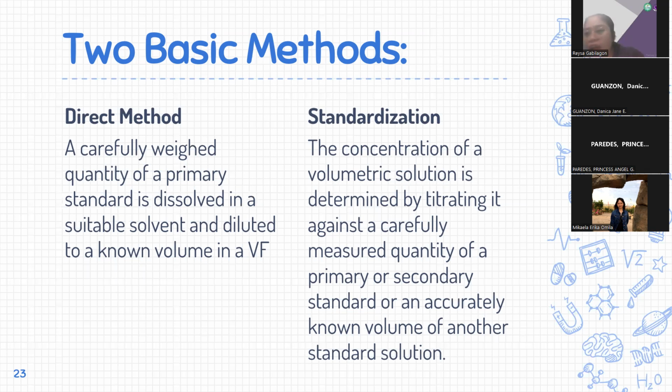So when you say direct method, class, we just take our substance, a solid substance, and then directly dissolve it in a given suitable solvent. And then just compute directly either the normality or the molarity.